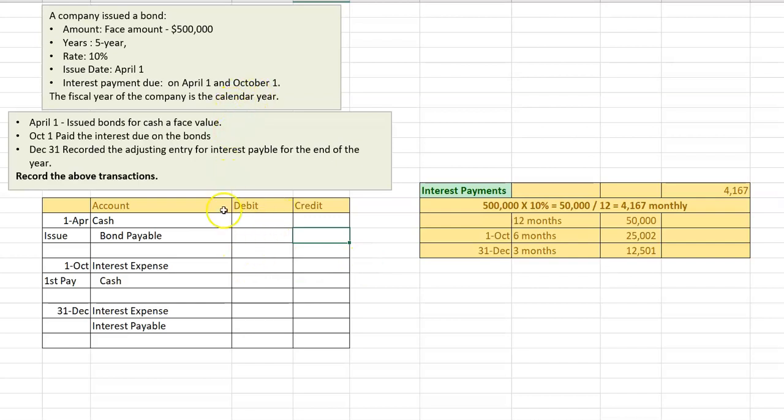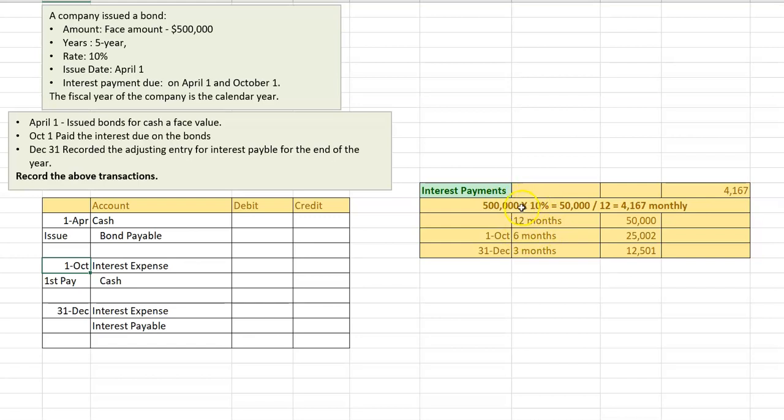But then you've got to figure up the interest expense and the interest cash payment. They have one in October and then April 1st. This is where they issued it. So here's October 1st, where they make their first interest payment. We calculate the whole interest for the year first.